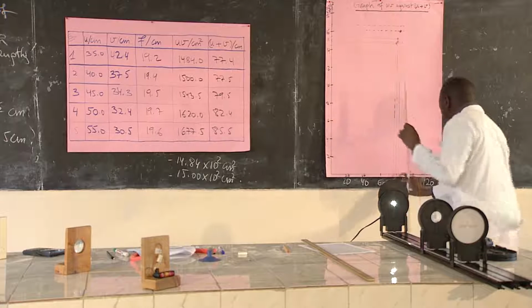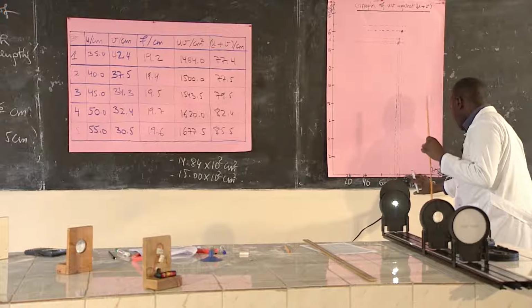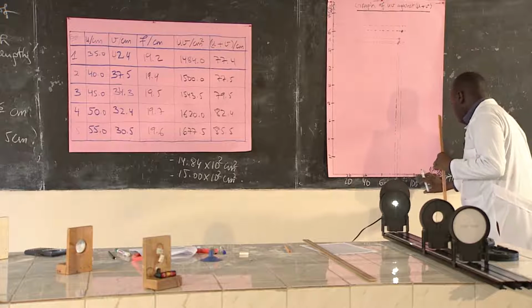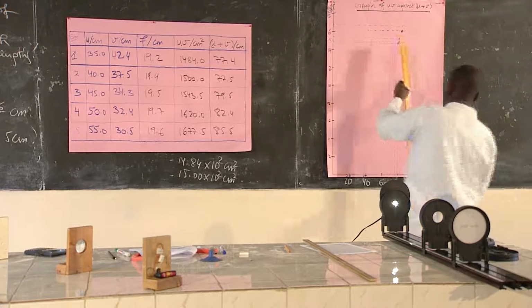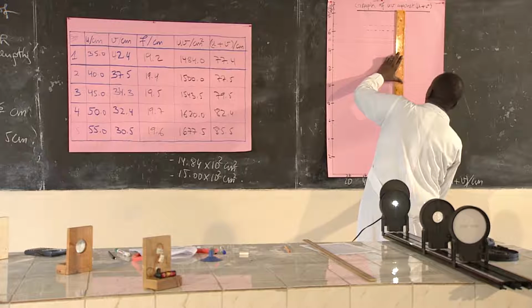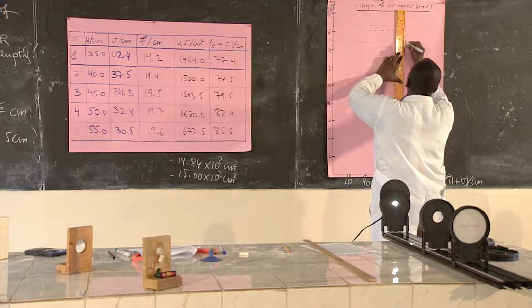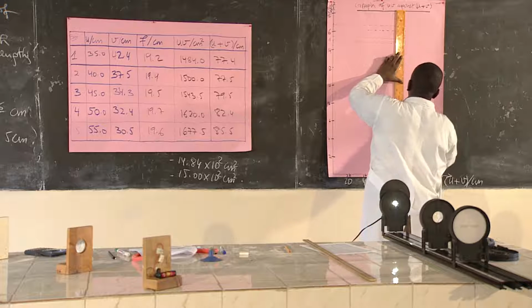There we have 80. Let's see, this is 80, then this is going now to be 90, 85 in the half, and we draw this line joining the two.